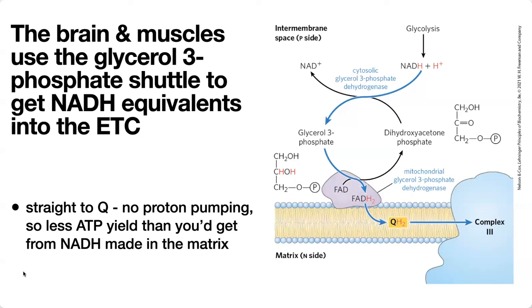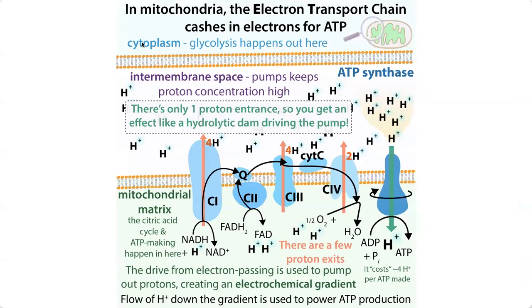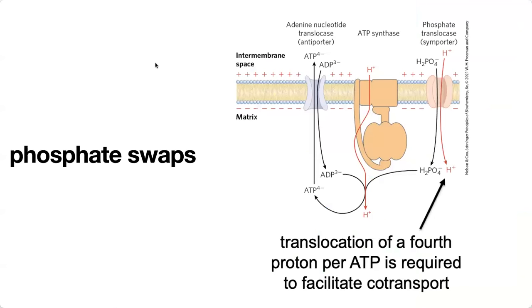Because we're entering at complex 3 rather than complex 1, this means that we're not going to pump out all those protons that we would at complex 1. Instead, we're only going to pump out 6 protons. Now, it turns out that it costs about 4 protons per ATP made. It's about 3 protons per turn of the cycle, and then there's actually a 4th proton that is needed in order to bring in another phosphate group.